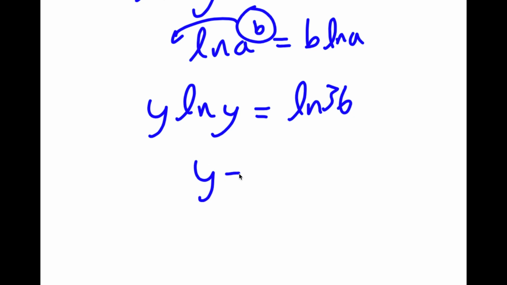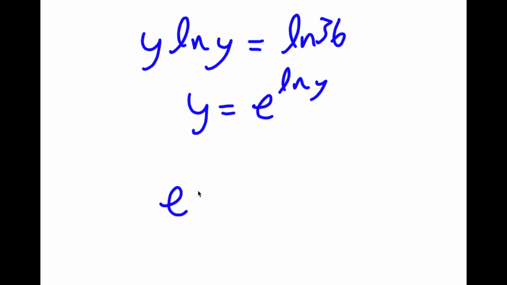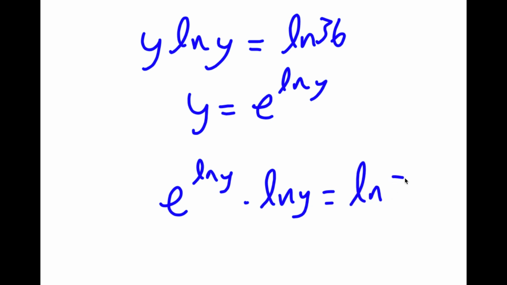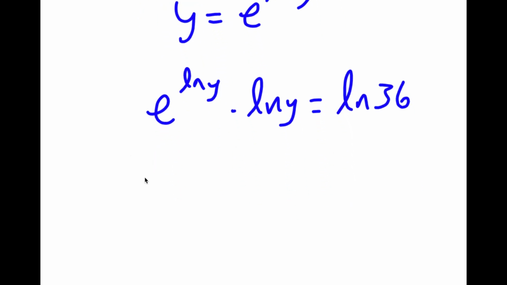Now y is the same thing as e to the power of ln of y because the e and ln cancel out. So I'm going to replace y with e to the power of ln y. So now I have e to the power of ln y times ln y is equal to ln 36. Now I'm going to take the W Lambert function on both sides.